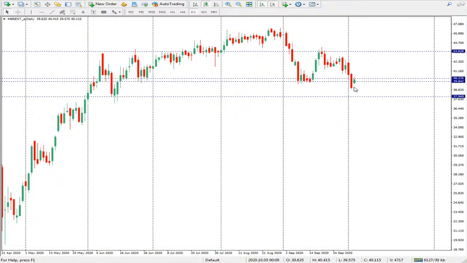There's a break, and then the price gapped up, but somehow it could not gap above 39.842. So we still do expect sellers to come in on this side. We do expect a sell-off up to around 37.949, which is here. So keep looking for sell orders.